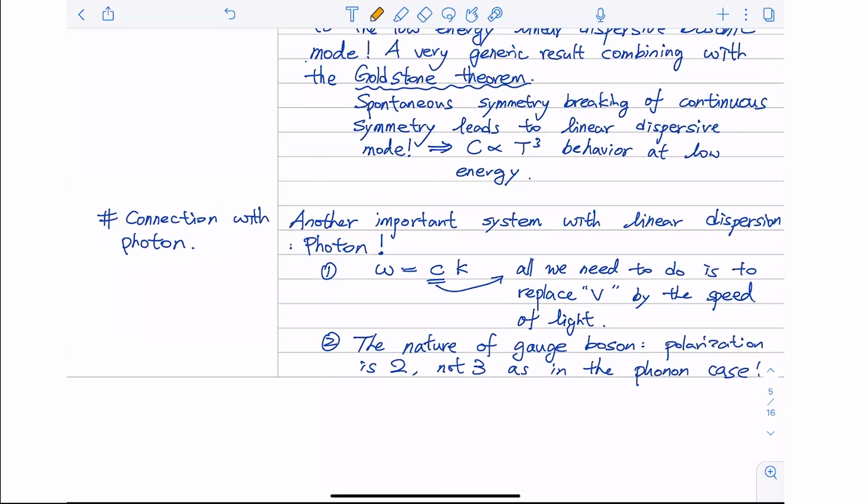But the spirit is basically, if we start with the Debye model, the only thing that we need to replace is the velocity of the phonon mode, which now should be replaced by the speed of light, because for the photon, the energy and momentum relation is omega equal to ck.